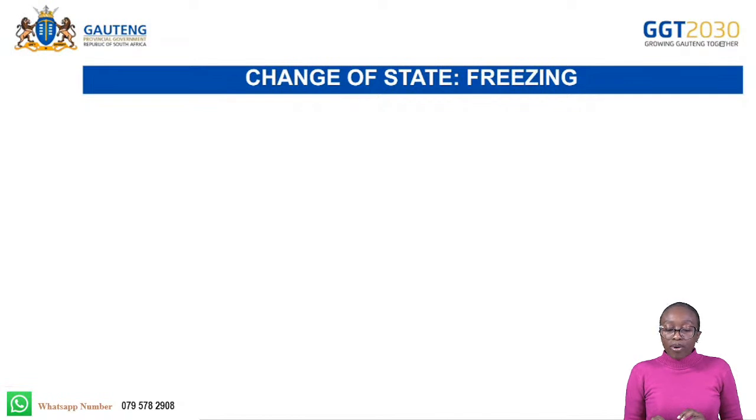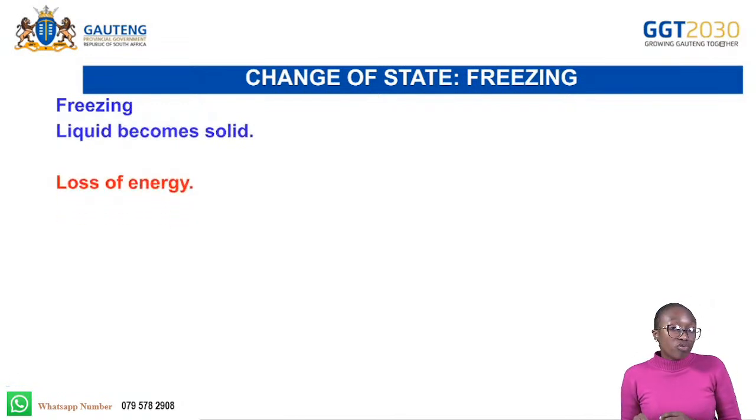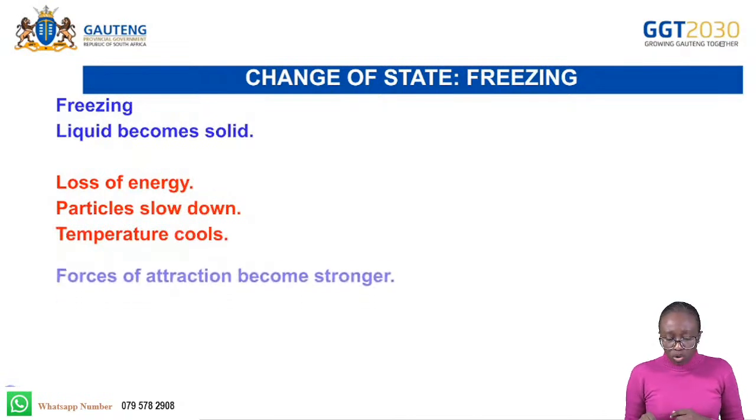Now let's talk about freezing. Remember, we said it is when a liquid becomes a solid. This is when energy is removed, when there is loss of energy or the particles lose energy. They begin to slow down in their movement and the temperature cools.